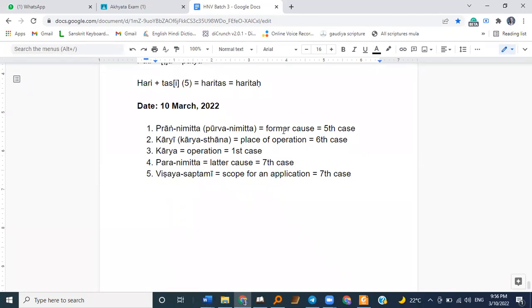For example, if you remember, you studied Akhyata. Let me give an example. Oh, I see. Tres Trayonami Swarthe. Yeah, in that sense, Swartha is one of the scopes. That's also Vishaya Saptami. There's also one good explanation in Amrita, in Akhyata.